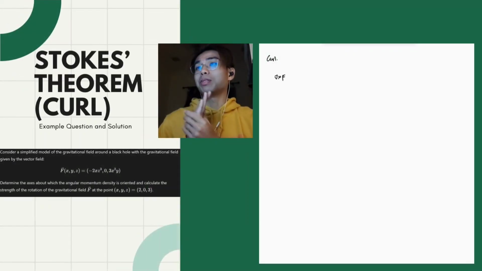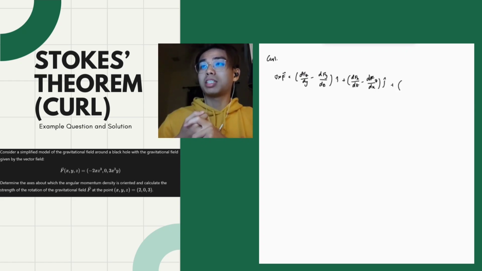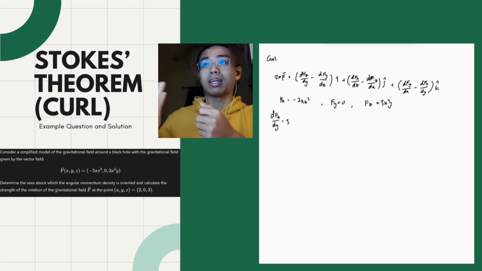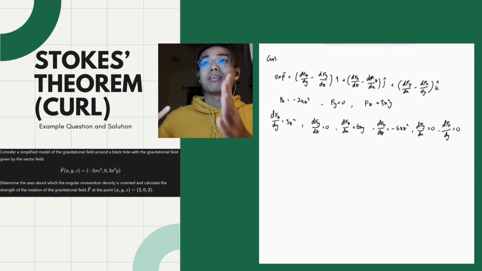Alright, so consider a simple example question here for Stokes' theorem. We would like to determine the axis about which the angular momentum density is oriented and calculate the strength of the rotation of the gravitational field. So we are given Fx, Fy, and Fz, which is Fx equals 2x z to the power of 3, Fy equals 0, Fz equals 3x squared y, and we just differentiate them accordingly, right?